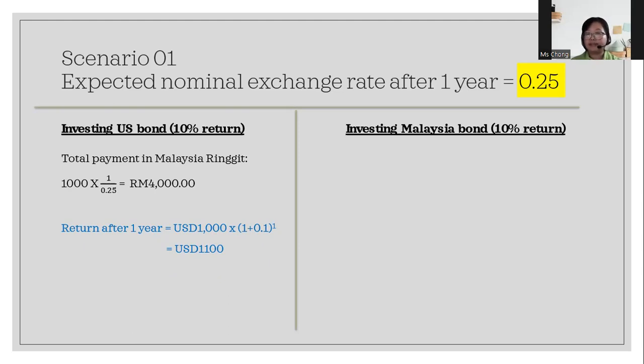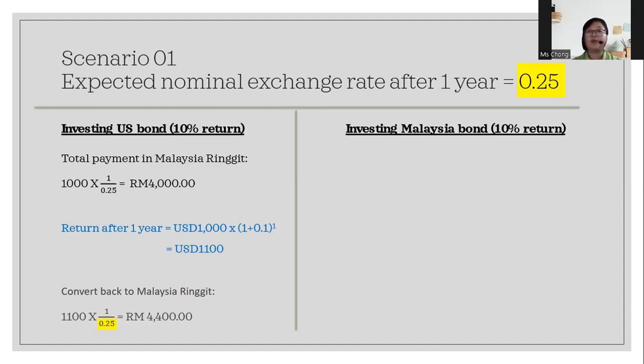This is in USD, so I have to convert this 1,100 USD back to Malaysia ringgit. I convert back by multiplying by 1 over 0.25, because I assume that the expected nominal exchange rate after 1 year is 0.25, the same as when I bought the bonds. So I convert 1,100 USD back to 4,400 Malaysia ringgit.